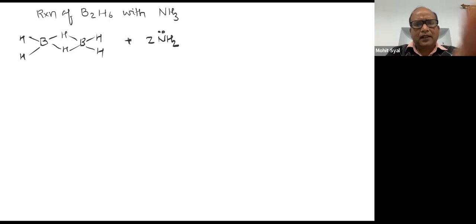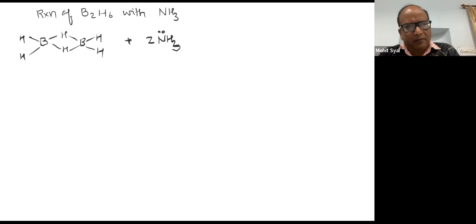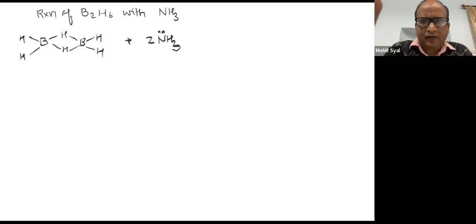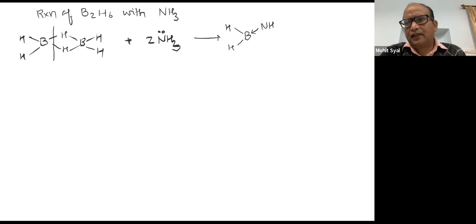These NH3 molecules have a lone pair which they can give to boron, and now there is no need for these two boranes to stay together, so they will break, because ammonia NH3 is giving them electrons. So this is NH3, this is NH3, and this is the cation.